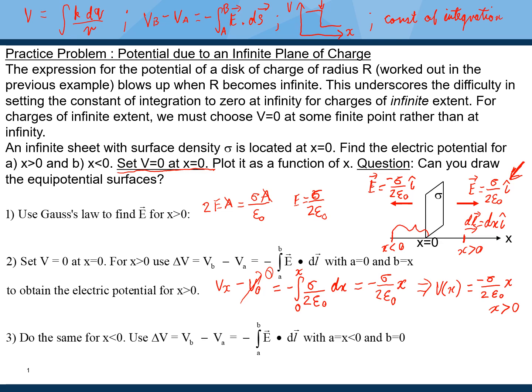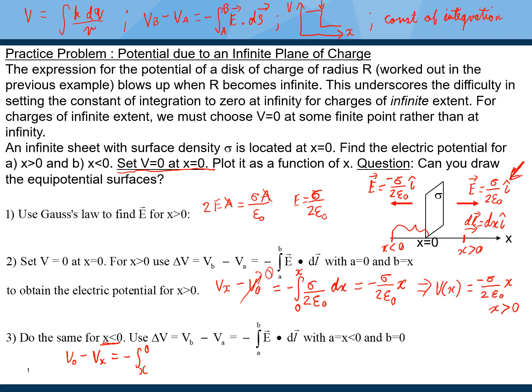So we have as our integration V0 minus V(x) being equal to minus the integral from x to 0. Notice that in this case, we're considering x less than 0, so integrating from x to 0 is actually an integration along the positive direction of the x-axis.